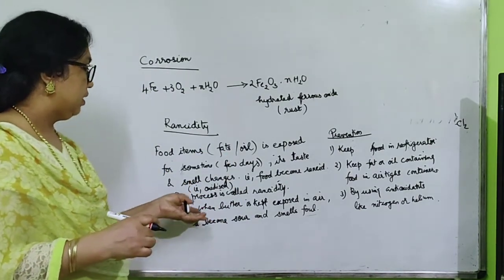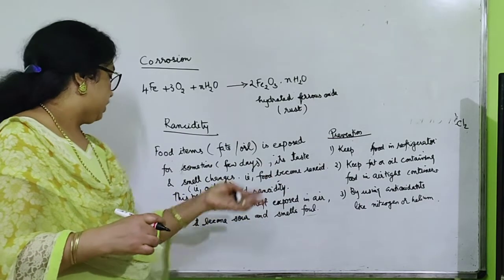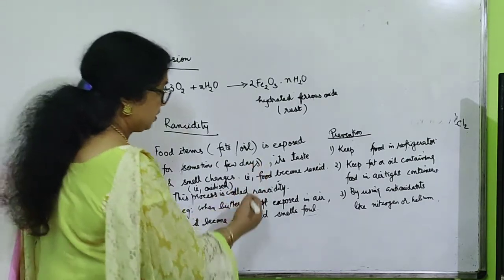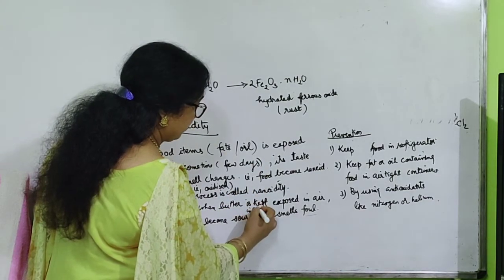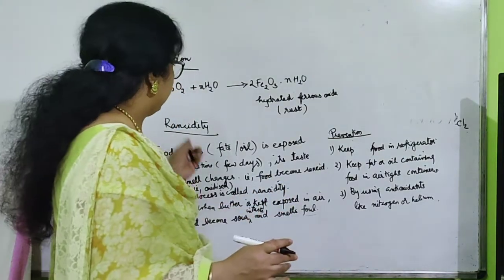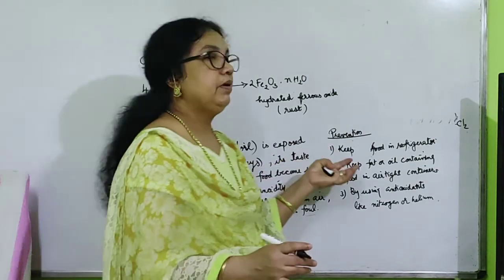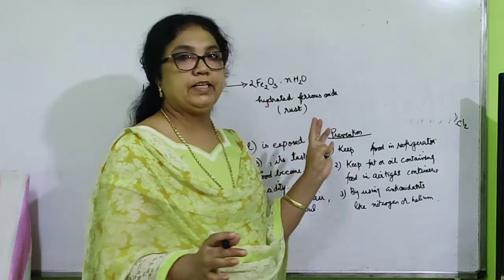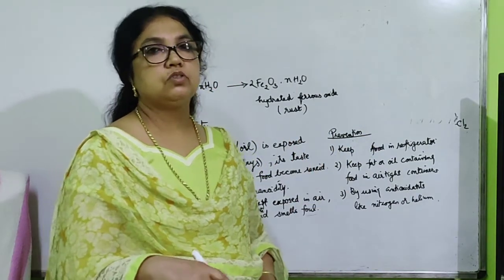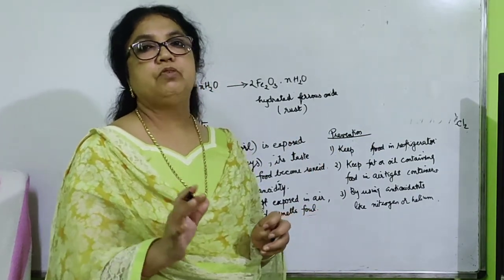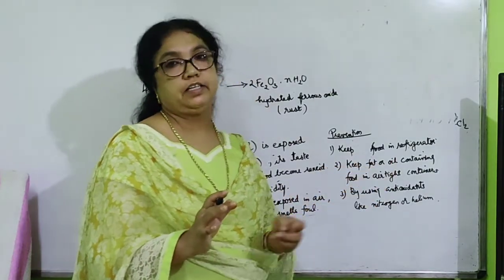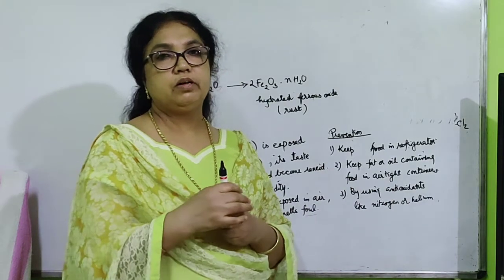For example, when butter is kept exposed in air, it becomes sour in taste and smells foul. Now how can we prevent this rancidity? If we keep food items containing fat and oil in the refrigerator, it will slow down oxidation, so we can keep them fresh for many days. Another is keeping them in airtight containers, so oxygen will not come inside.